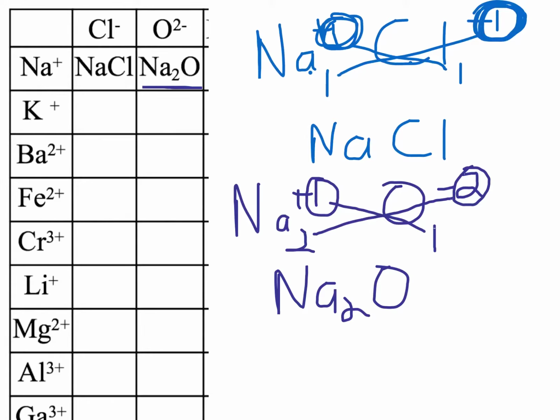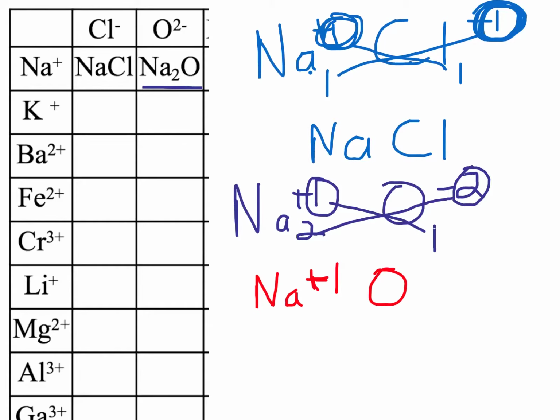And so the way that that makes sense is, let me go ahead and start this one over again. If I have 1 sodium with a plus 1 and an oxide with a negative 2, that does not equal 0. I have a negative 2. In order to make it balanced, I would have to have another sodium ion. I need another positive to neutralize that negative 2.